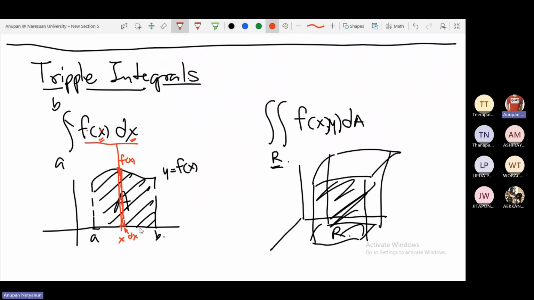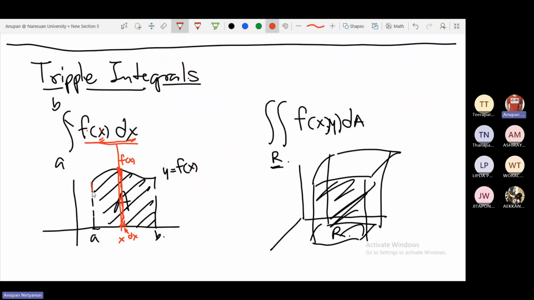Now, since for each x I have this small rectangle, which has an area of this, I want to get everything from x equal to a to b, means I do the integration from x equal to a to b.